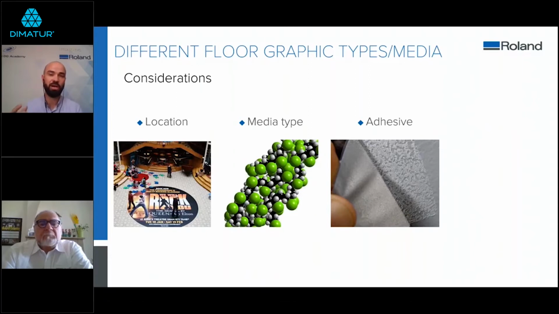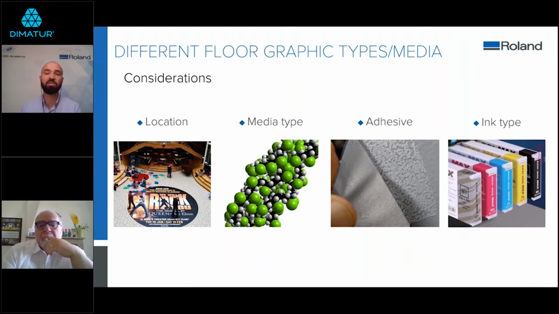So again, you don't want to have the adhesive left over when you remove your vinyl, ruining the floor that it's on or making it a lot more difficult to remove. So adhesives are another factor. Now, floor graphics normally need a slightly stronger or more aggressive adhesive so that the vinyl stays stuck to the floor and you don't get edge curl or lifting up of your vinyl.